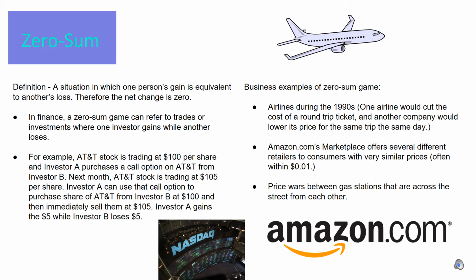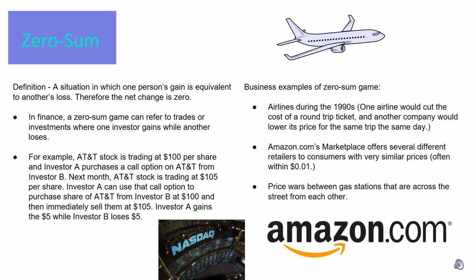For example, AT&T stock is trading around $100 per share, and investor A purchases a call option on AT&T from investor B. Next month, AT&T stock is trading at $105 per share. Investor A can use that call option to purchase shares of AT&T from investor B at $100 and then immediately sell them at $105. Investor A gains $5 while investor B loses the $5.